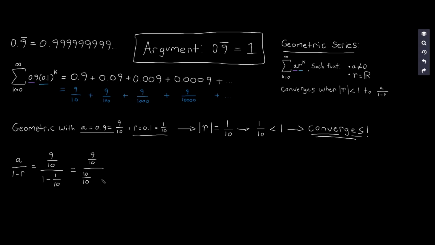We rewrite 1 as 10 over 10 so we can subtract 1 over 10 from it. At this point, we can see that 9 over 10 over 9 over 10 is going to equal 1. But if we really want to, we can reciprocate. I really want to. 9 times 10 is 90. 10 times 9 is 90. 90 over 90 is a form of 1. This series converges to 1. Therefore, 0.9 repeating is equal to 1.